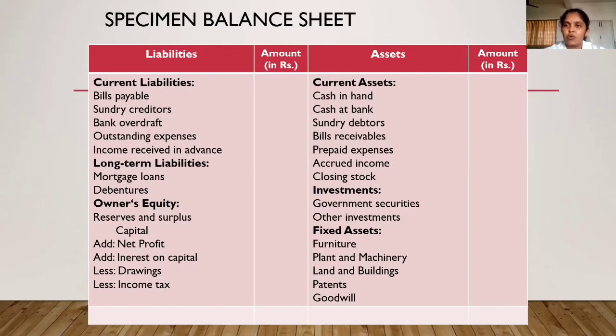So this is the way in which you will record the assets and liabilities. Once the transactions have been classified under the trading account, profit and loss account and balance sheet, we are supposed to enter them in these formats. And at last, the amounts under liabilities and assets should be equal. That is called a balance sheet. Thank you.